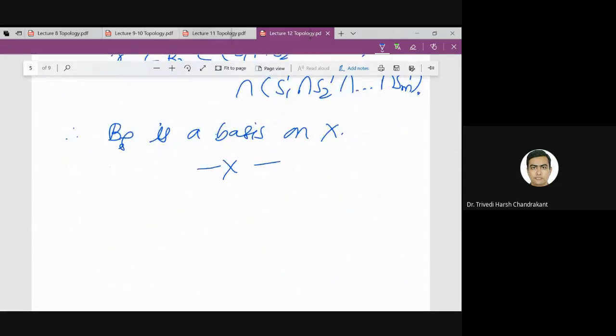So let me see if I can discuss one example. Let us take X equal to the set of natural numbers.